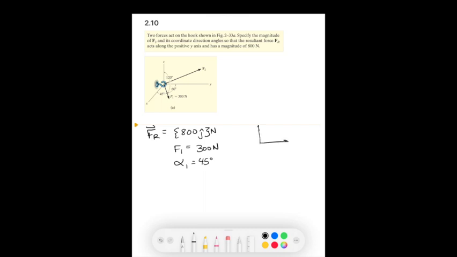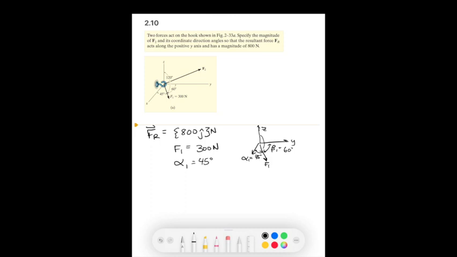We can draw this out. We know that F1, this is alpha 1, is equal to that 45 degrees. We also know that the angle from the y-axis of F1 is equal to 60 degrees.